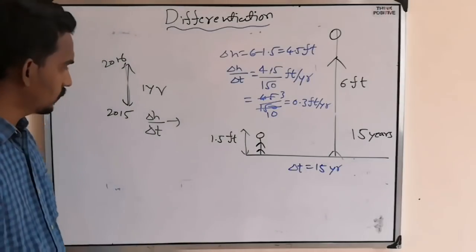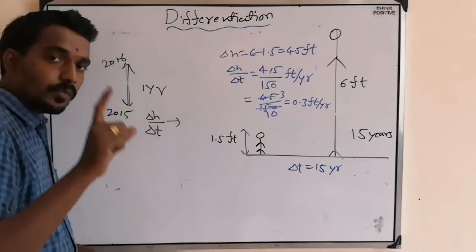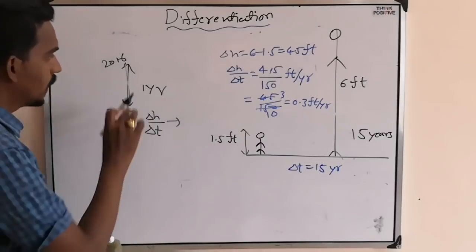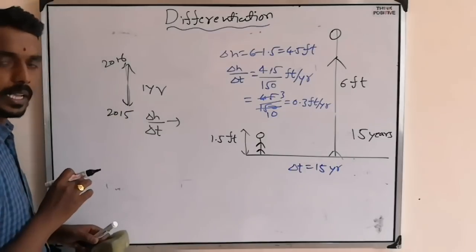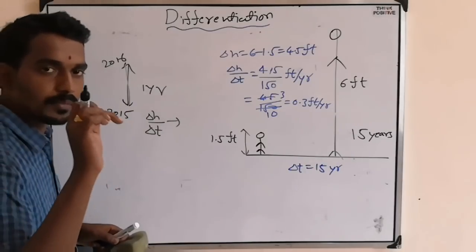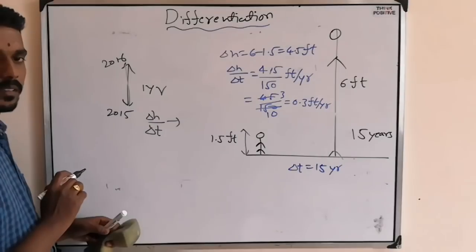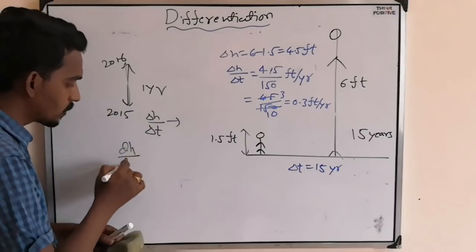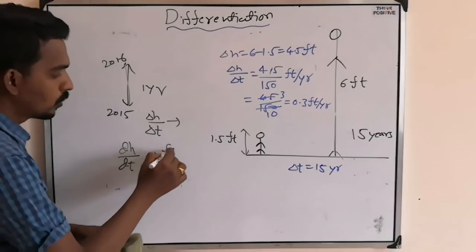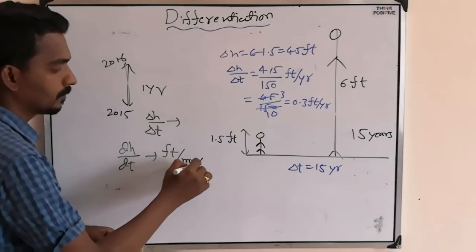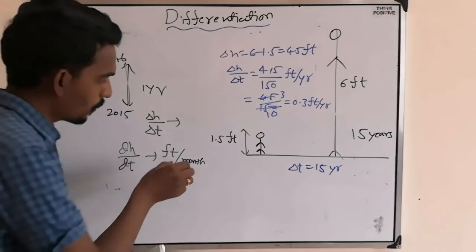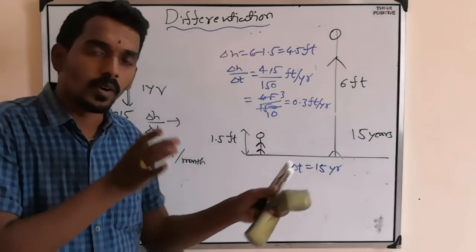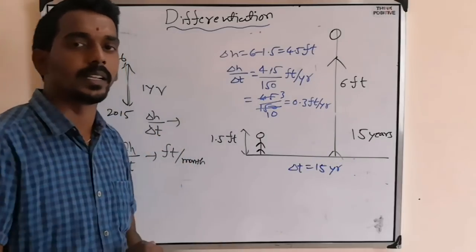Now, within 1 month, suppose in 2015, in the month of May, what is your growth rate? That is called dH by dt, foot per month. If you take 1 year as average, then 1 month is the instantaneous.